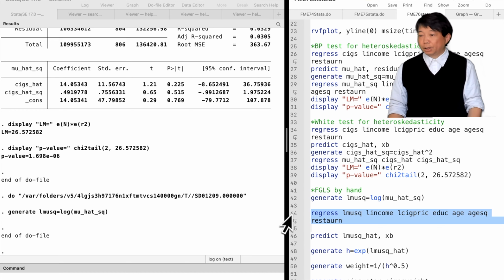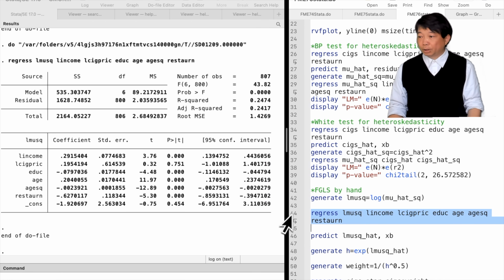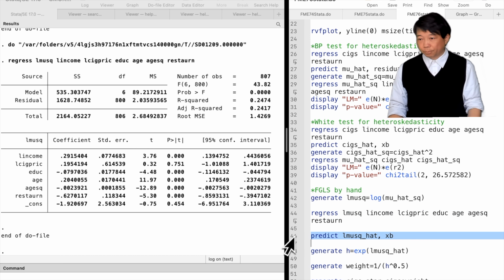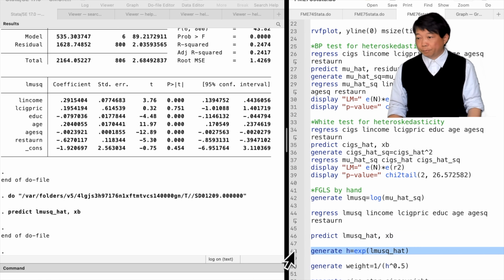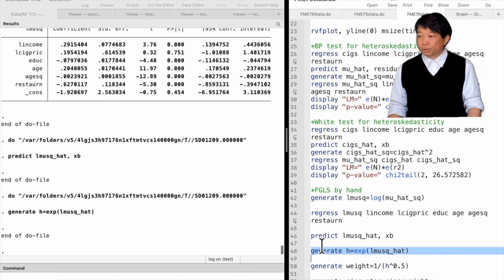Next, we run the auxiliary regression of the log squared residuals on all explanatory variables and obtain the fitted values. After that, we exponentiate the fitted values. The result is the estimated heteroskedasticity function, h(x).